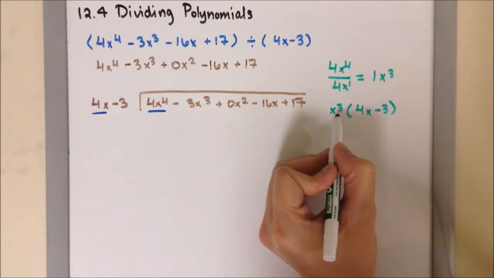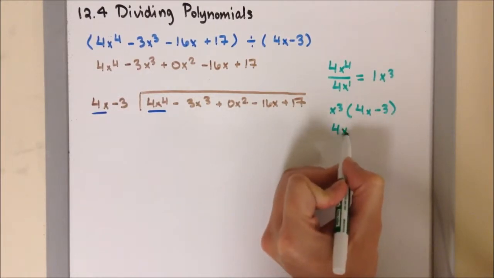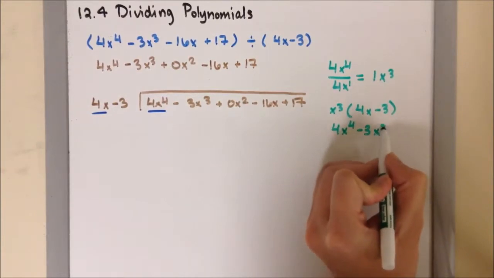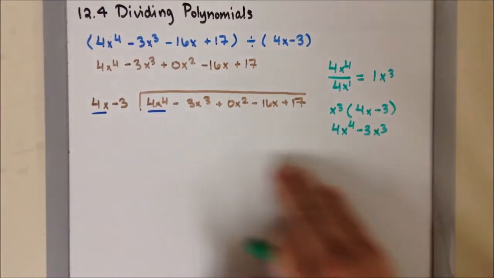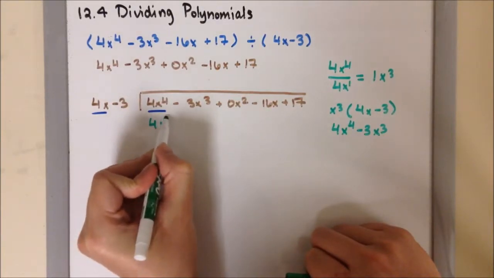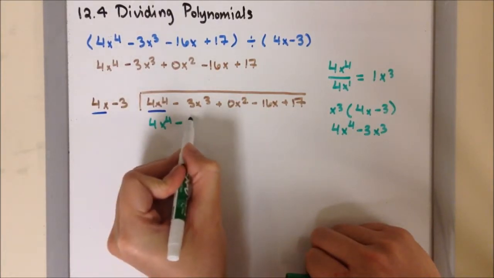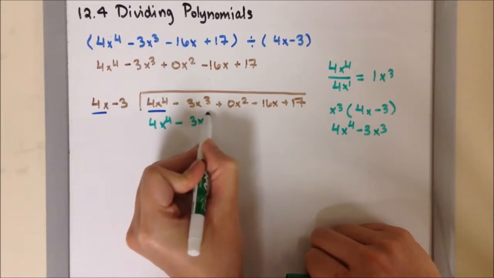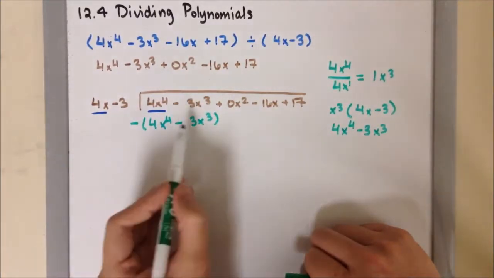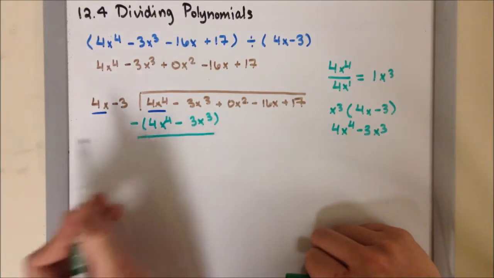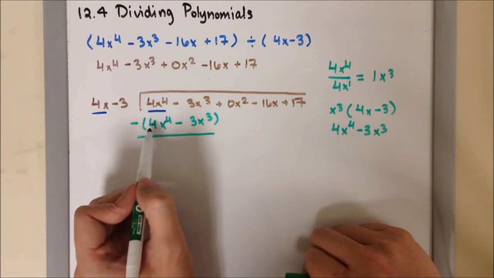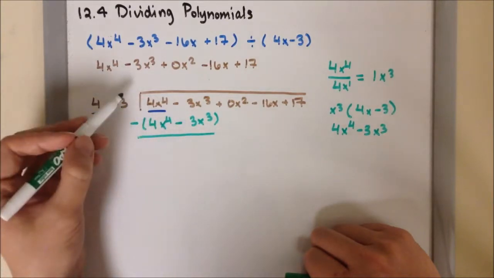So when I distribute x to the 3rd, I'm going to get 4x to the 4th minus 3x to the 3rd. I'm going to bring it over here, put it in parentheses and then add the minus, because we're going to subtract here. So I'm going to distribute my minus to this. 4x to the 4th minus 4x to the 4th will cancel out.